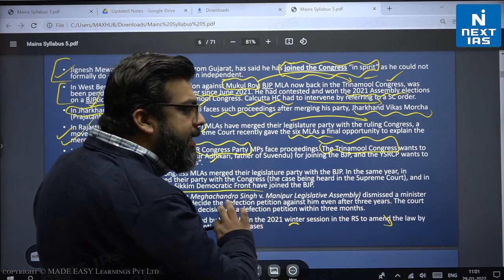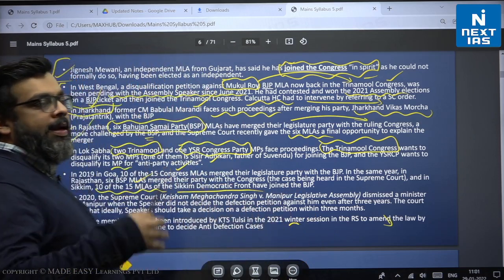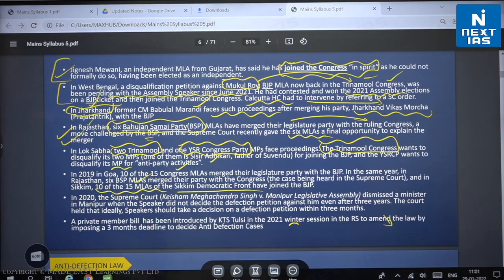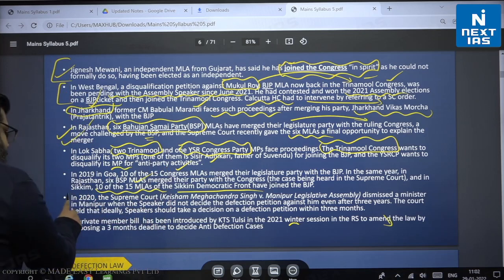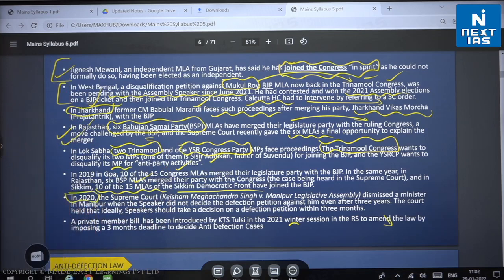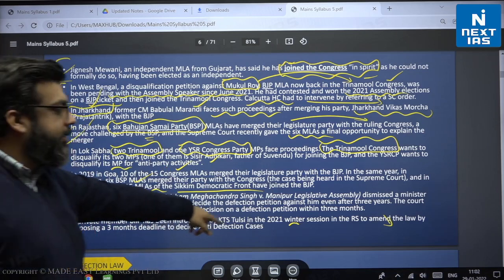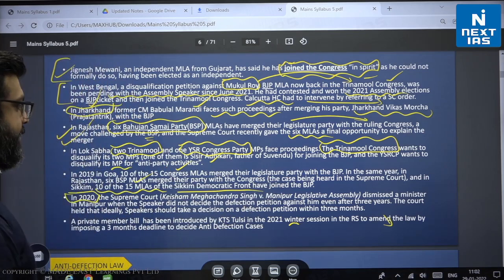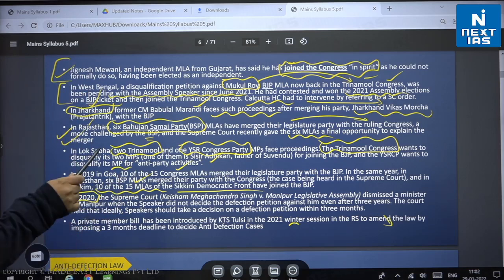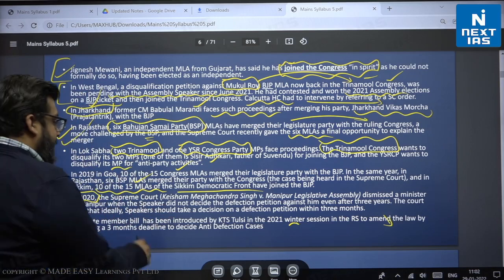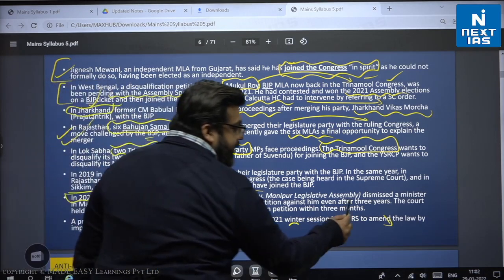It is very rare that an MP or an MLA ever gets disqualified on defection. Now in 2020, 2 years ago, the Supreme Court in the Keisham Meghchandra versus Speaker Manipur Legislative Assembly case had actually dismissed a Manipur minister. The Supreme Court ordered the dismissal of the minister because the Speaker had not decided for 3 years.